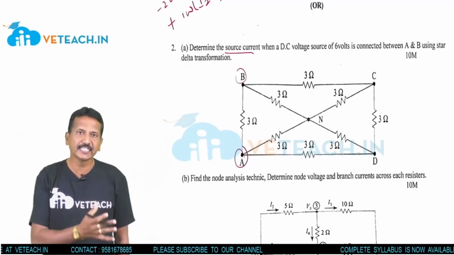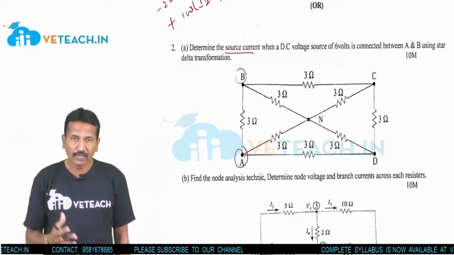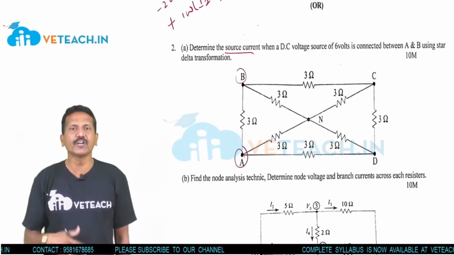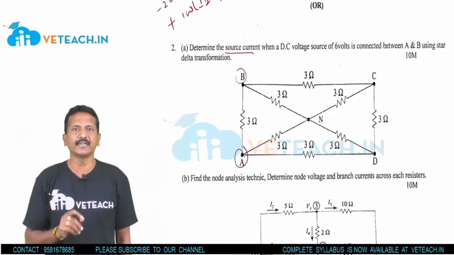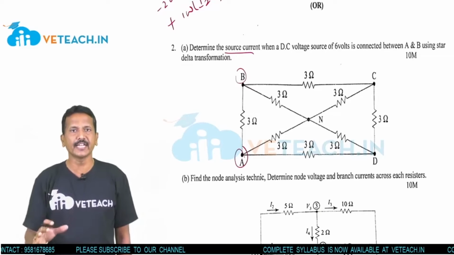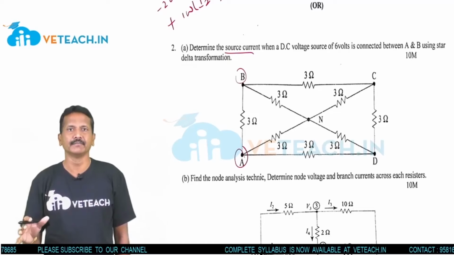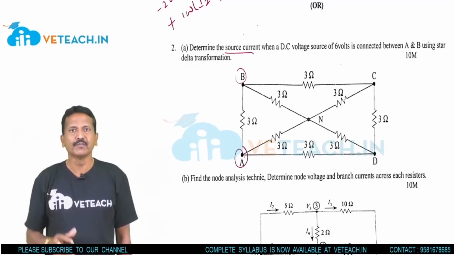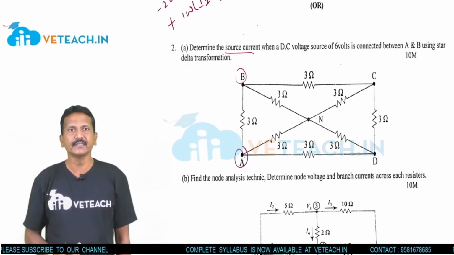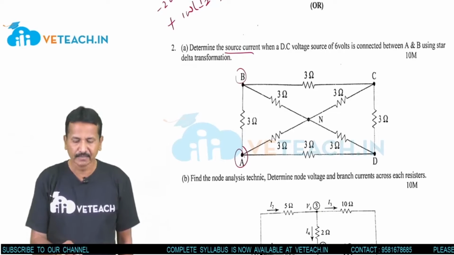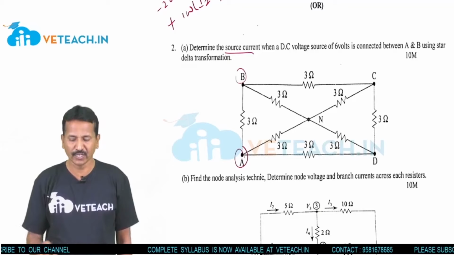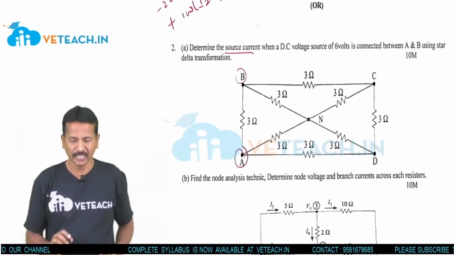Next, we have series connection and parallel connection. If the network is complicated, one more method is there, that is the star delta method. The network can be converted into star as well as delta. So here, using the star delta method, we have to find the source current and the current across each and every resistance. How? Let's see.